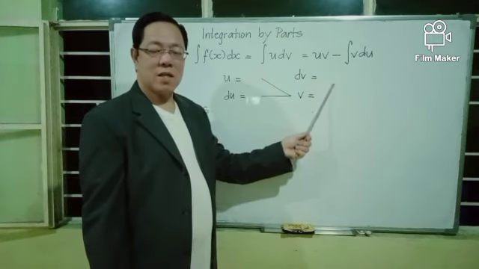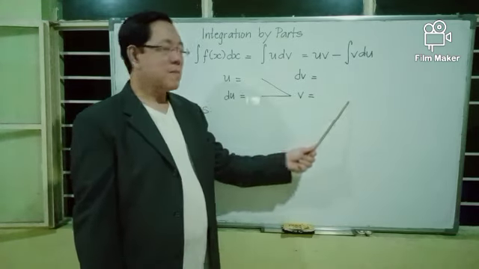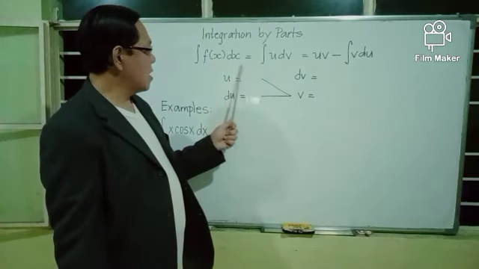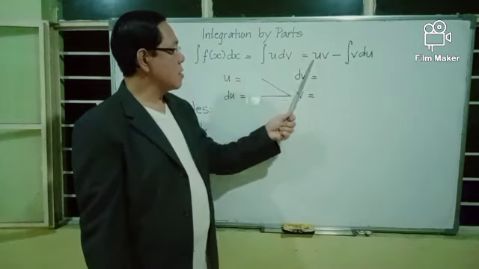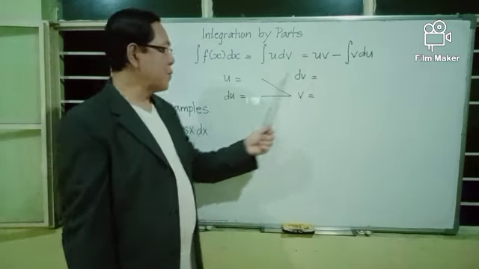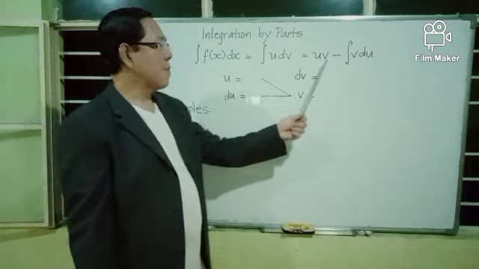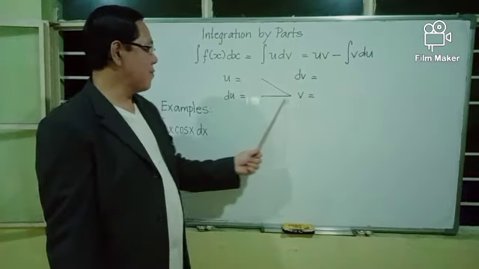And you integrate the right-hand side with respect to x. Now, the given integral expressed as a product of u and dv is now equal to the product of uv minus the integral of v du.